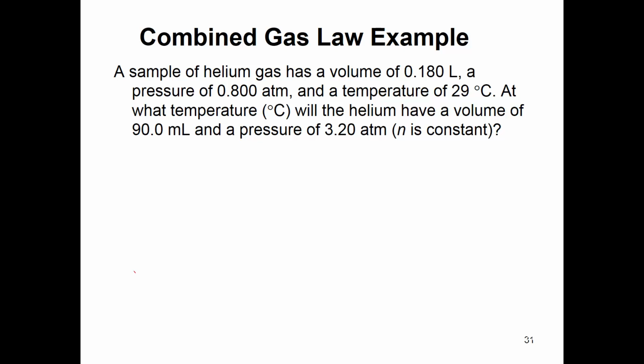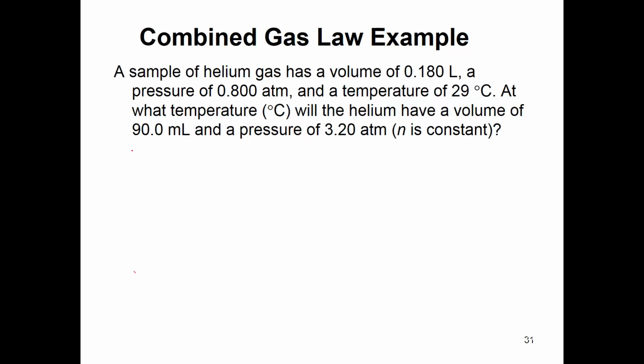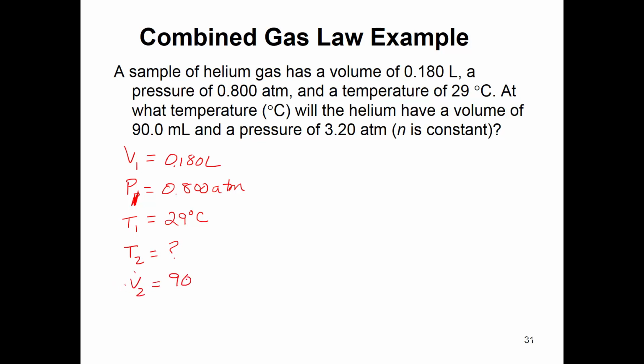So we have a sample of helium gas, which has a volume of 0.180 liters, a pressure of 0.8 atmospheres, and a temperature of 29 degrees C. At what temperature will the helium have a volume of 90 milliliters and a pressure of 3.20 atmospheres?